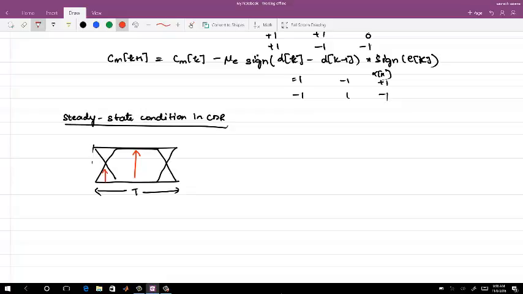This is a lock condition of a CDR. This is the case when there is no ISI. Even when you have an ISI, at the sampling edge you will sometimes have a positive and sometimes a negative.